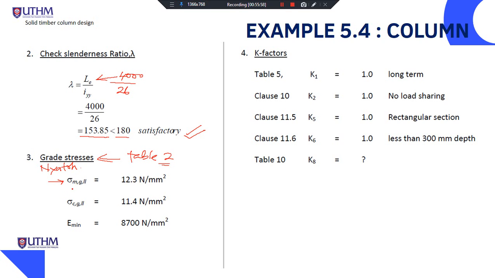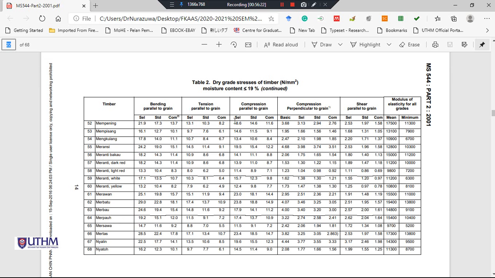We select 12.3 for the bending stress parallel to grain. Next, the compression stress parallel to grain is equal to 11.4, and our E minimum is equal to 8,700. And this is Table 2.